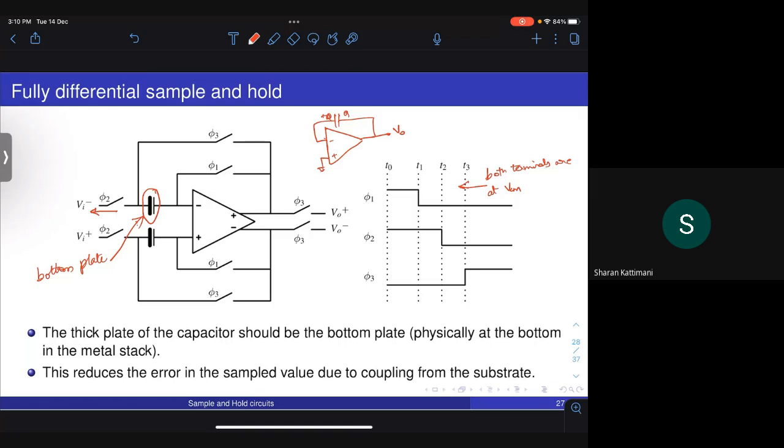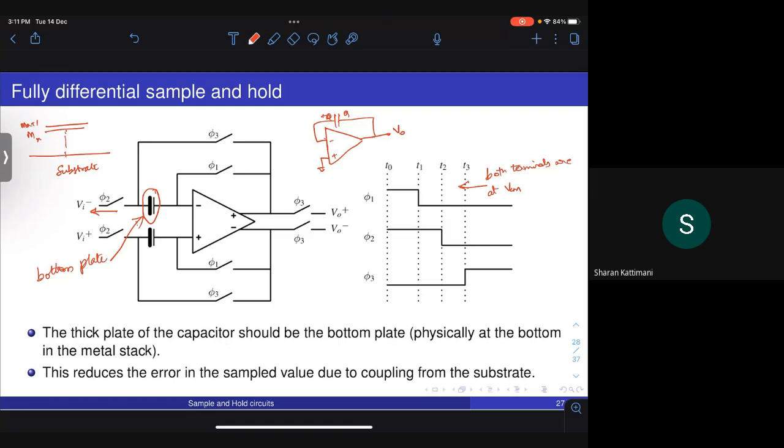Here, bottom essentially implies it is closer to the silicon in the actual chip. So if I have my silicon substrate here, and the capacitor is formed in some metal layers, let's say Mx and Mx plus 1, M7, M8, or whichever metal layers it may be formed, the plate which is closer to the substrate, or the plate which is at the bottom in the layout, should be connected on the left side of the capacitor here.